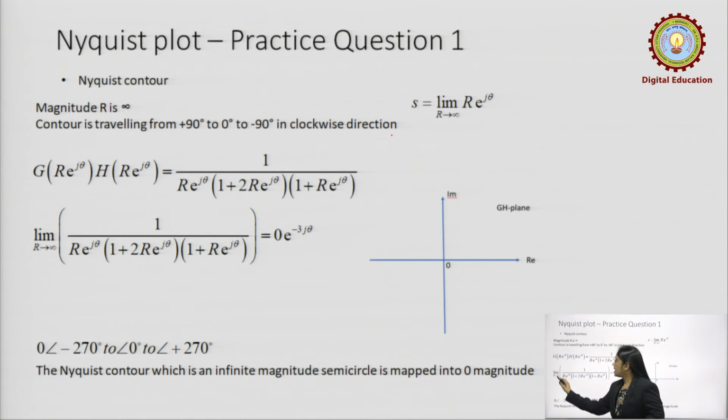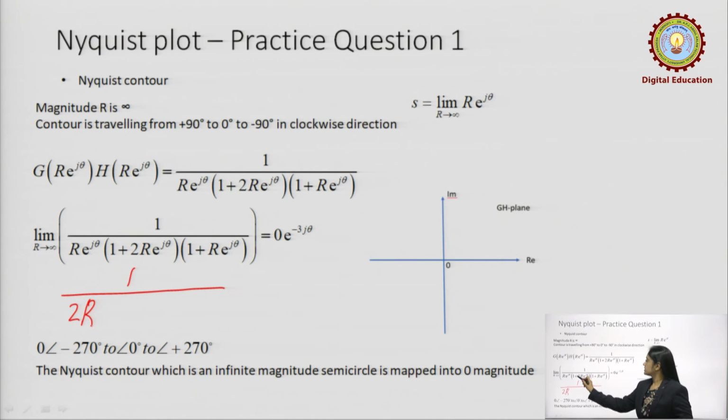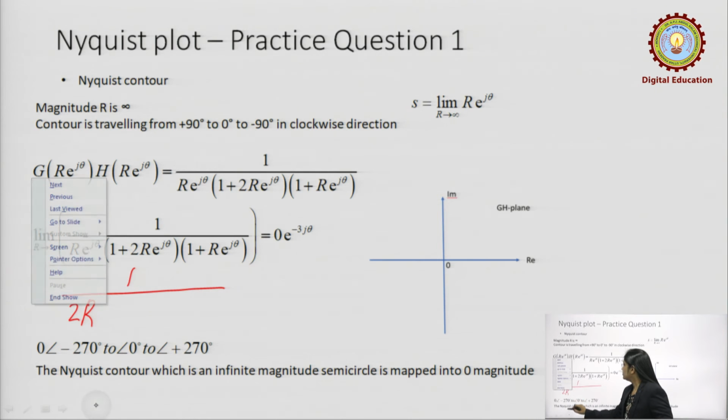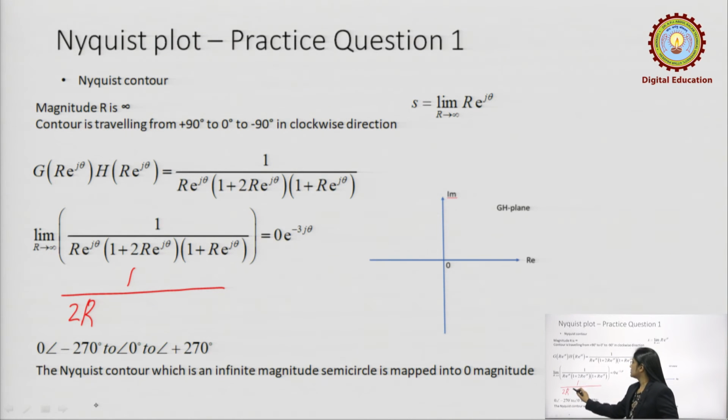Now, here the limit r tends to infinity. When the limit r tends to infinity, it is simply 1 upon 2 r, taking this outside, this will come out to be 2 r, and this will be r cube, and this is e raised to minus 3 j theta.